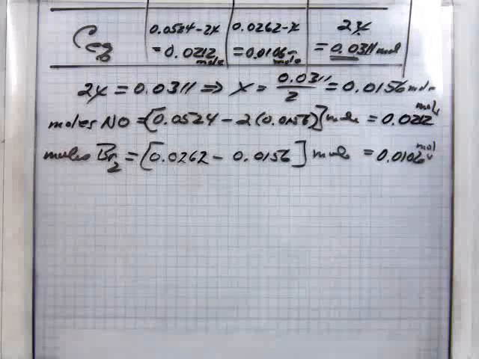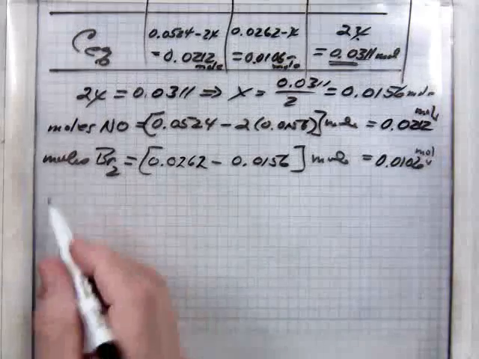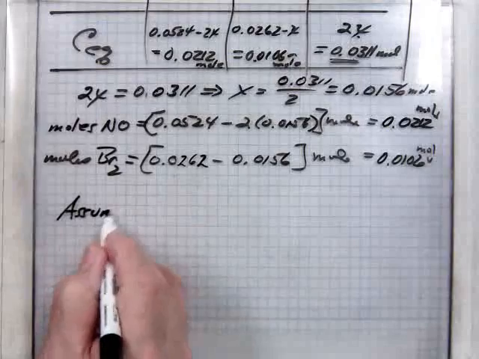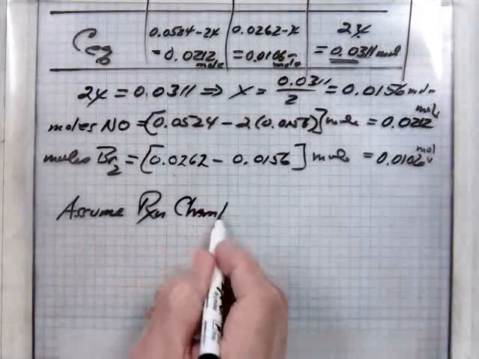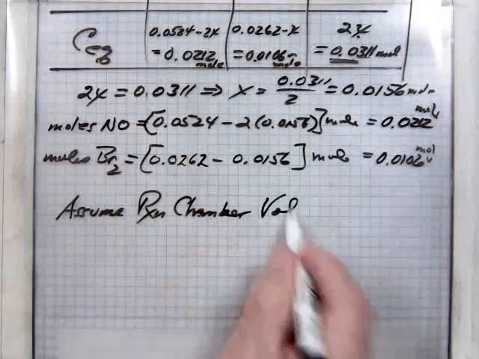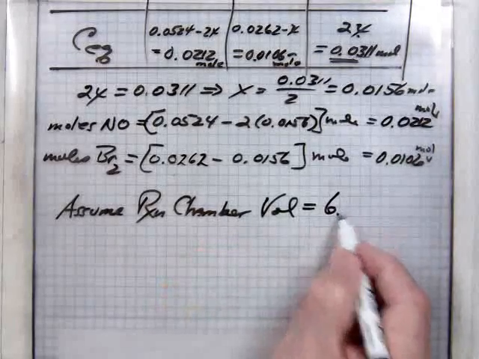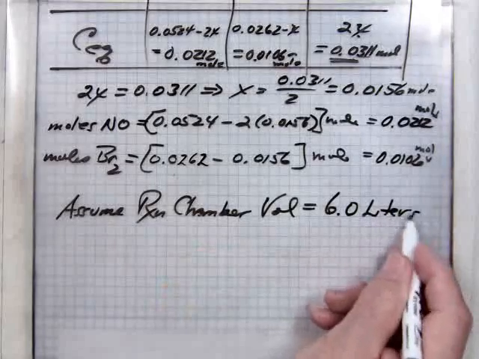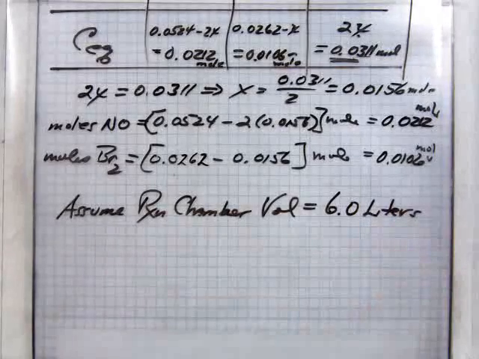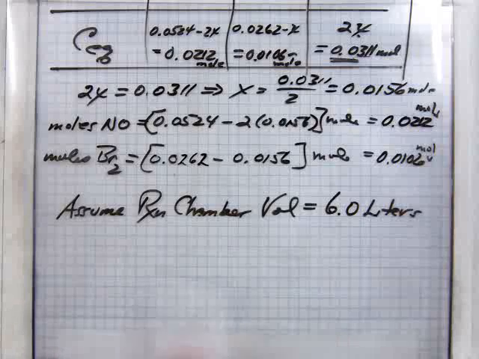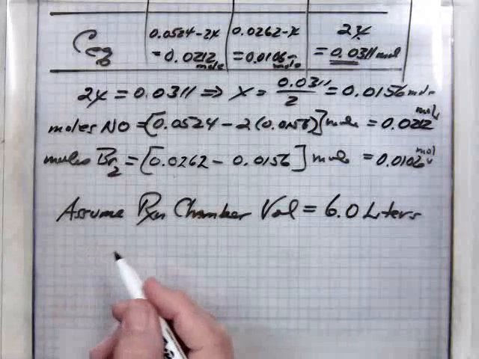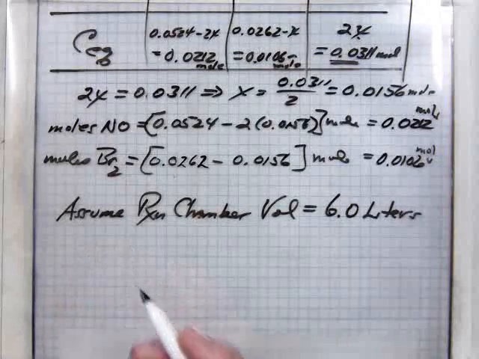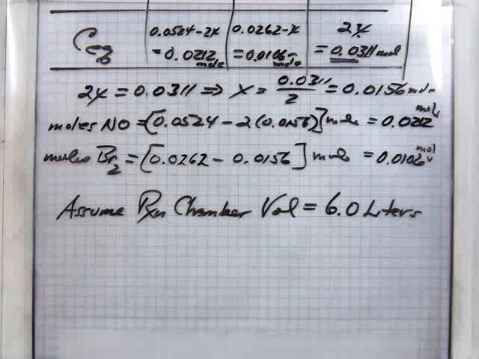So let's assume, for purposes of this problem, assume reaction chamber volume equals 6.0 liters. And these are the moles that you have. So in order to calculate the K value for this problem, one, you have to set up the equilibrium expression for the reaction.